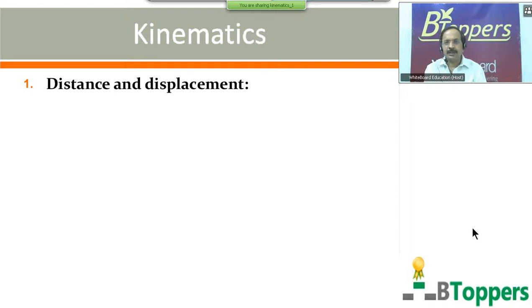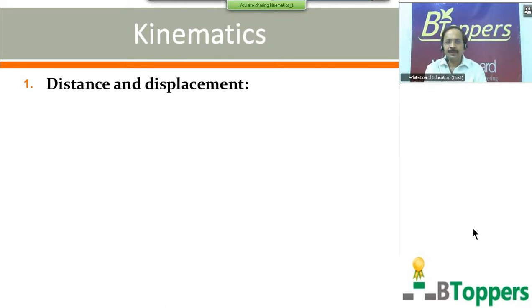Later I discuss motion with uniform acceleration. Most of the students are familiar with these terms at the school level itself, but we review the basic concepts in the approach that is needed for preparation of entrance examinations.